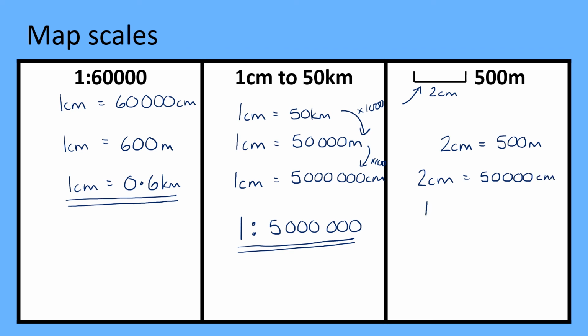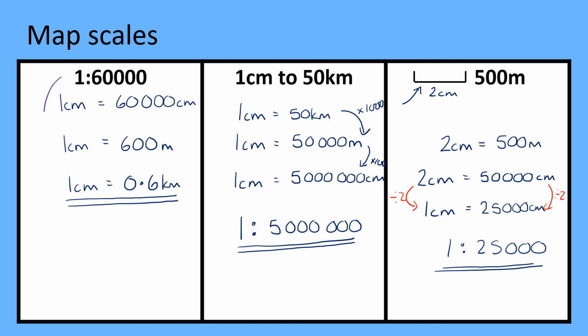I'd then make it into 1 centimetre. So 1 centimetre, if I'm dividing this side by 2, I'm going to divide this side by 2. So 1 centimetre would be 25,000 centimetres on the map, and so that could be 1 to 25,000.